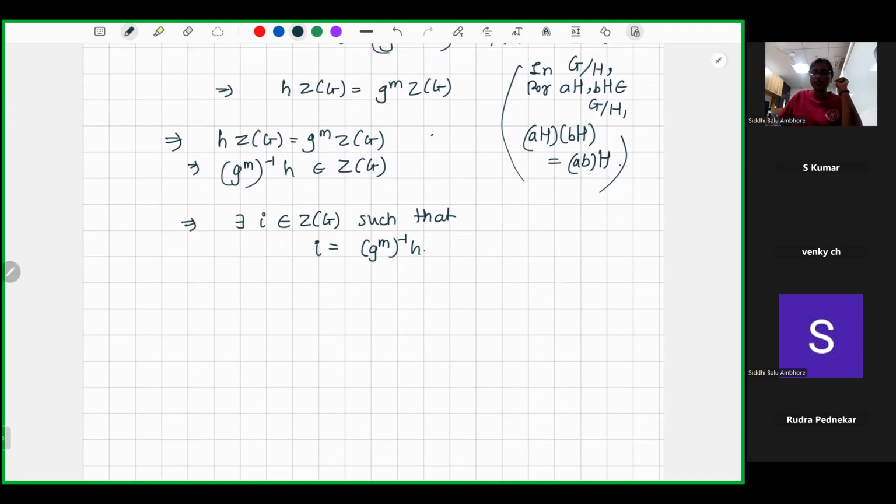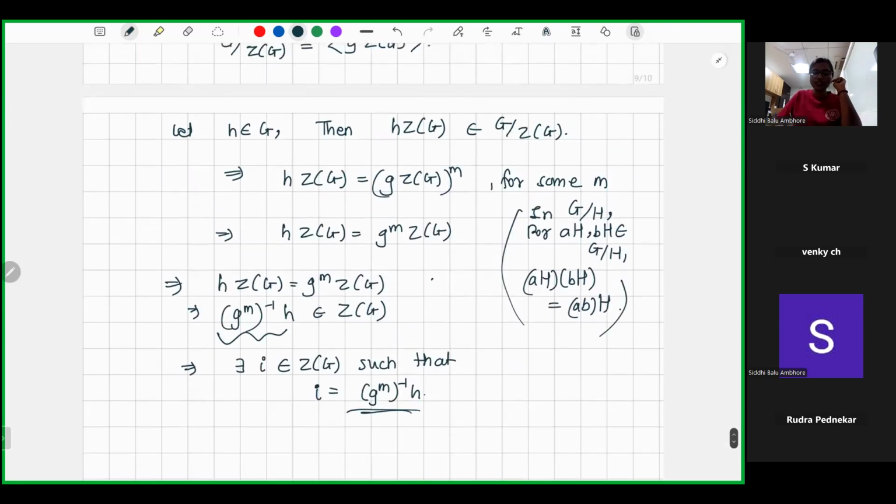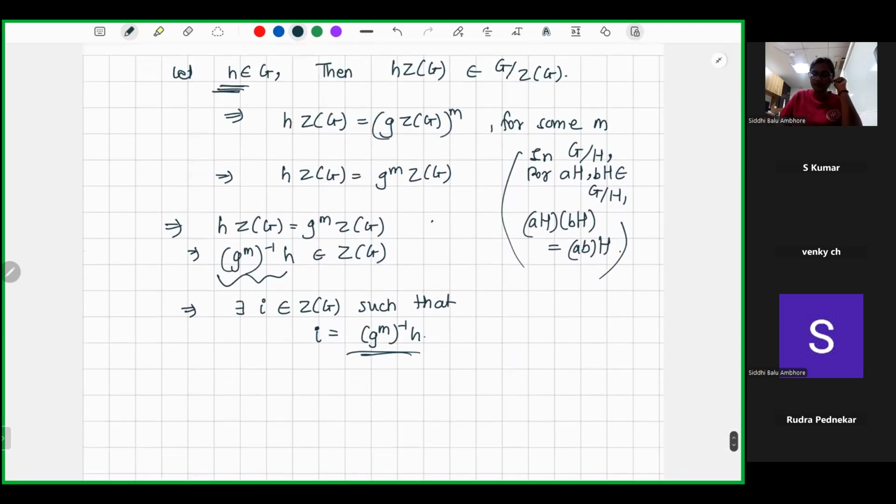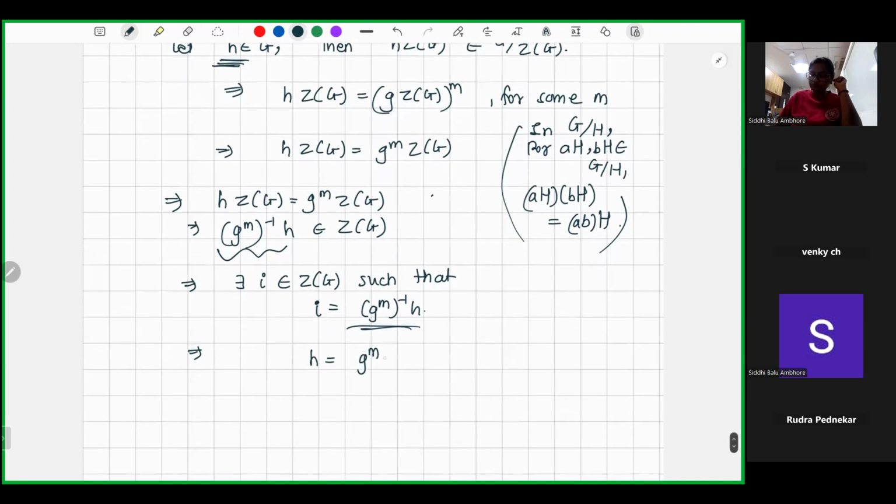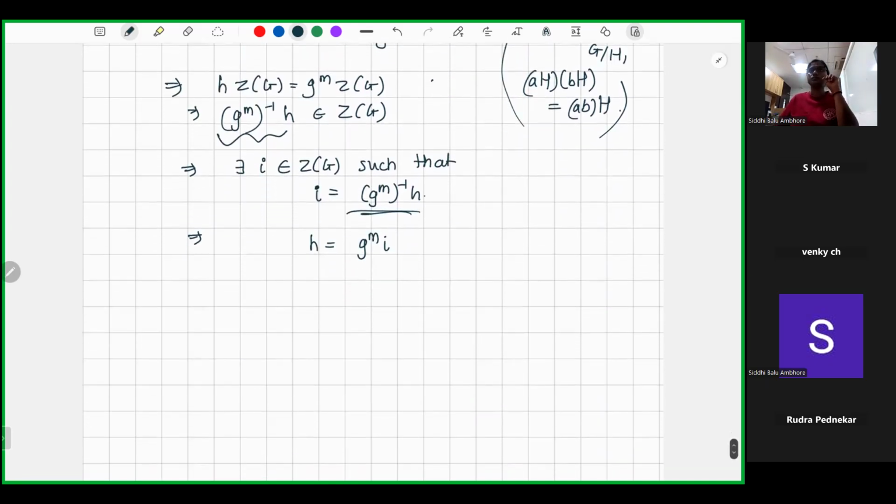I'm just renaming this element here like this. So this H which we started here is what? This G power M into this element I, where I is in ZG.